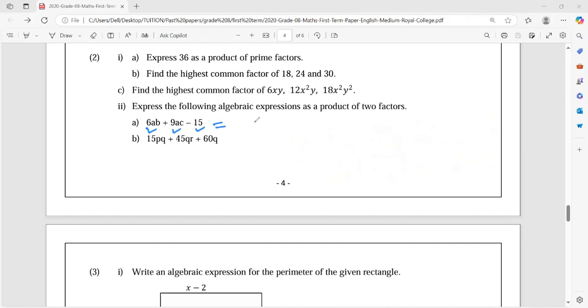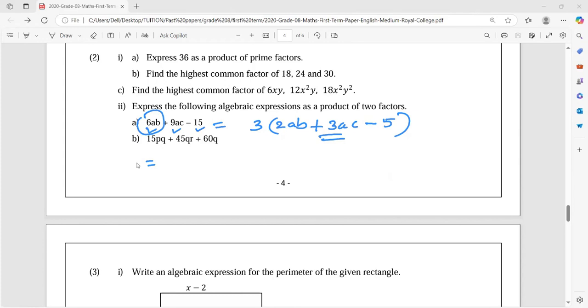Therefore, we take 3 out and then write 2ab, because 2 into 3 is 6, giving 6ab. And here you get plus 3ac, right? And 3 into 3 is 9. Okay, then 3ac minus 5. Right? 5 into 3 is 15. Okay, and this is how you factorize part A.